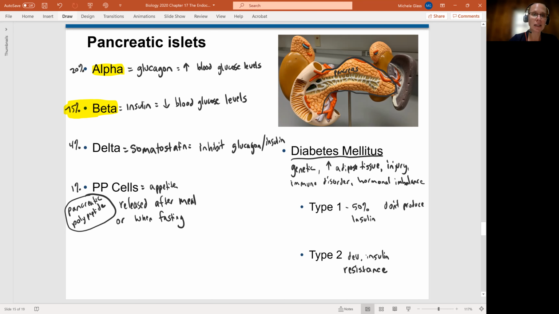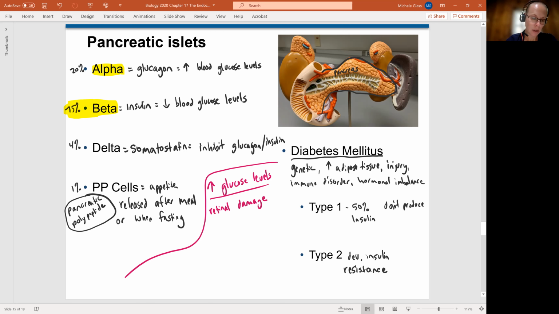So let's just make a note here: when you have high glucose levels, this is the reason that regulation is so important. You're going to get damage to your retina. You're going to have an increased risk for heart attack.